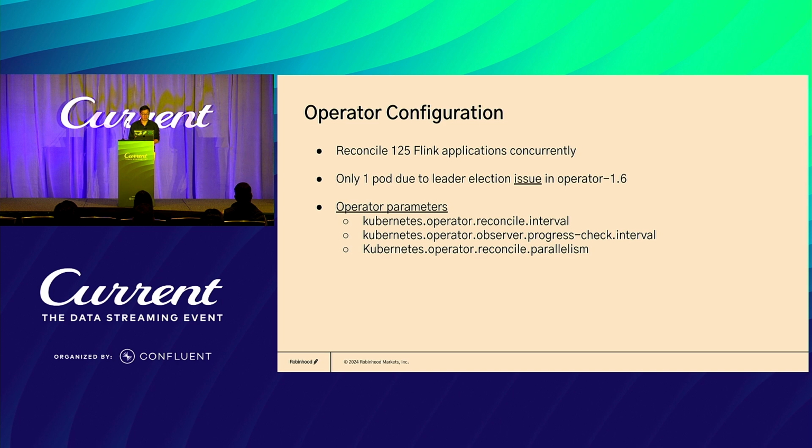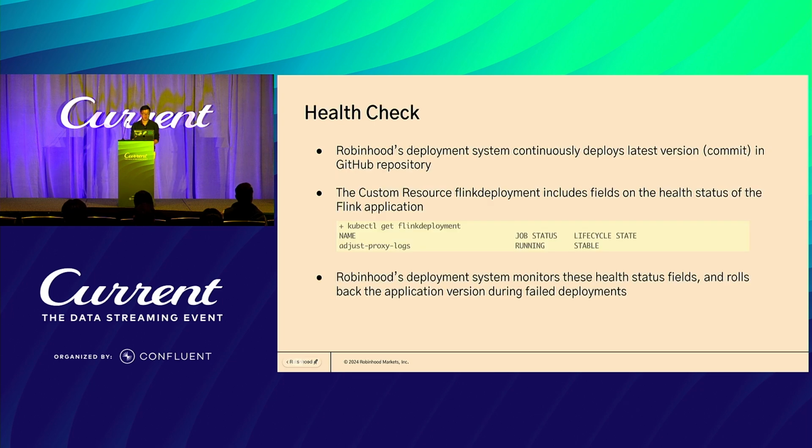On the slide, I have listed 3 of the parameters that we have tuned so that the operator wouldn't crash during large deployments. All of this tuning essentially slowed down the deployment process of the Flink applications and ensured that the operator pod didn't crash. If you're interested in understanding what these parameters are, you can check out the Flink operator documentation or come talk to me after this presentation.